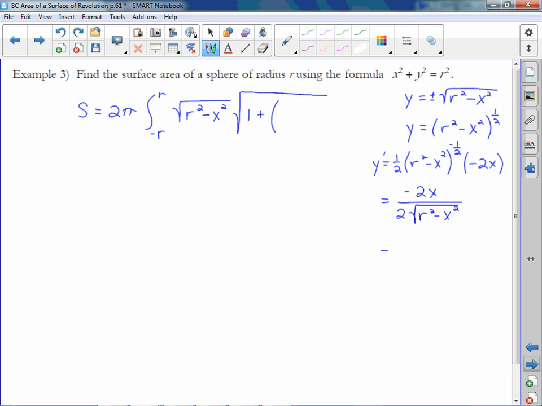The 2's are going to cancel, so my derivative is negative x over the square root of r squared minus x squared. Okay, so we plug that in. And then we square it, dx.